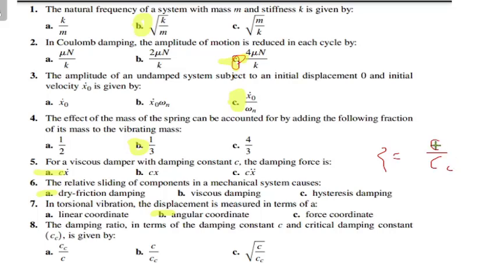C is the normal damping and Cc is the critical damping. They also ask the isolation ratio in terms of damping constant C and critical damping constant is given by. So the correct answer is option B.